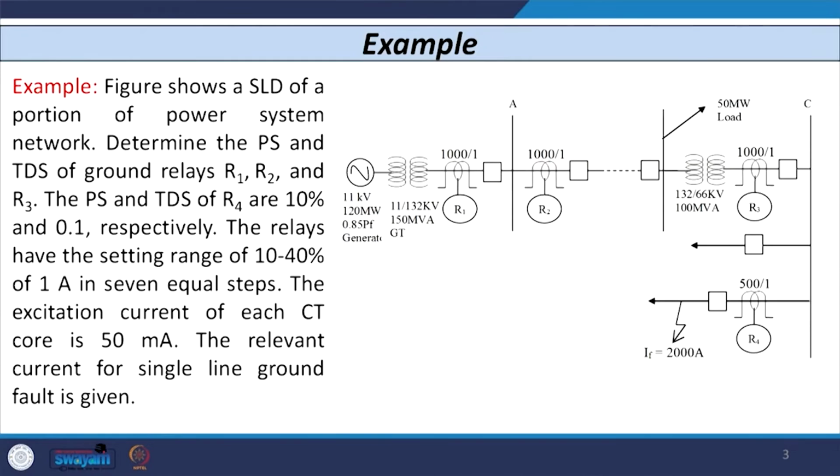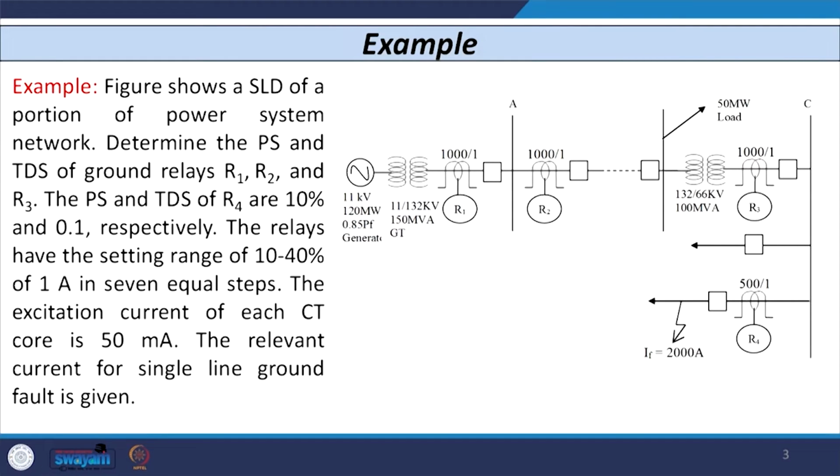Here in this example, one generator is given, that is 11 kV, 125 megawatt, 0.85 power factor. Another, the generator transformer, is given, that is 11 by 132 kV, and then relay R1 and relay R2 are given. Then we have another step down transformer, and relay R3 is given, and another relay, relay R4, is also connected at another feeder.